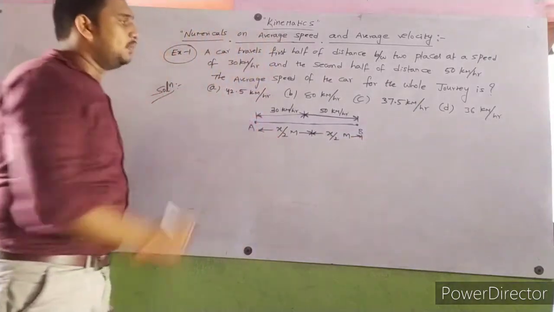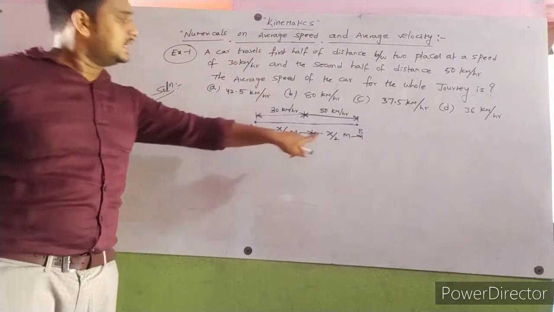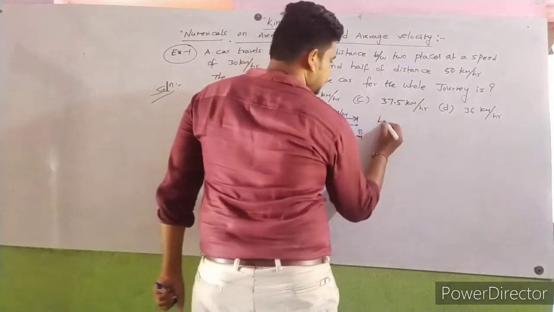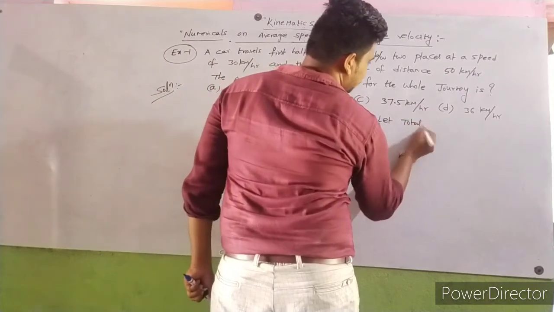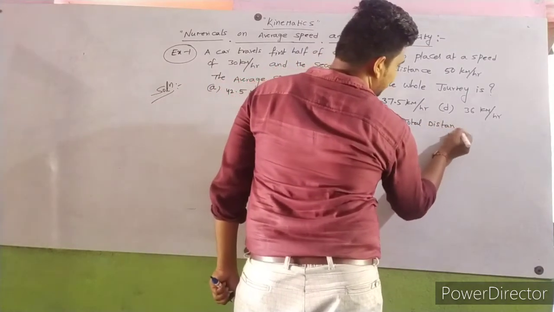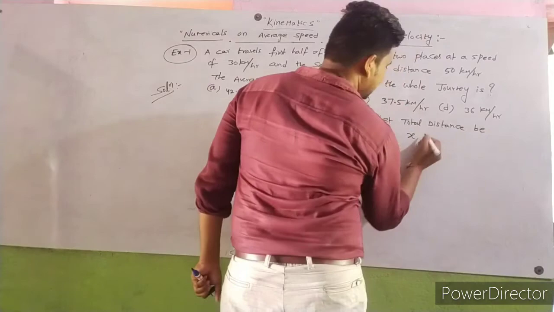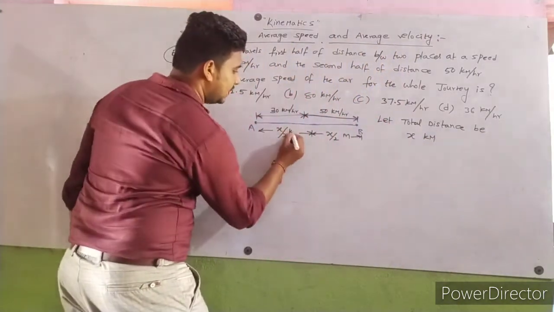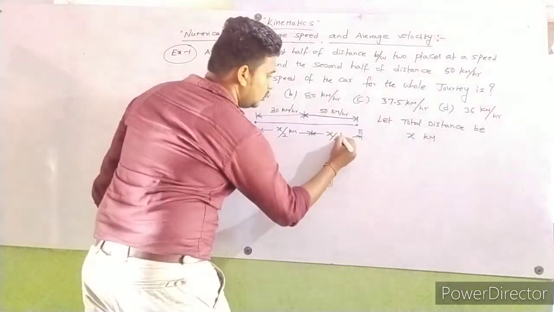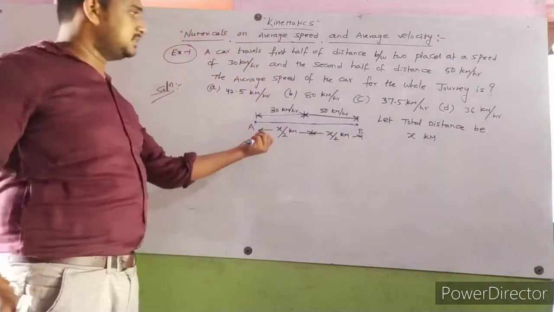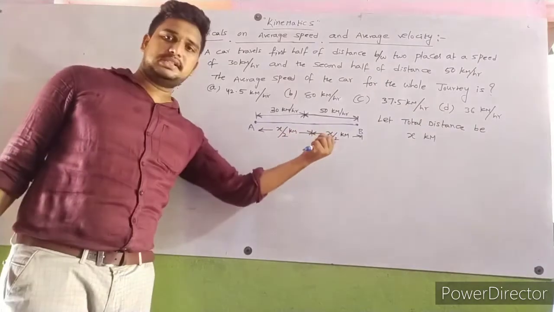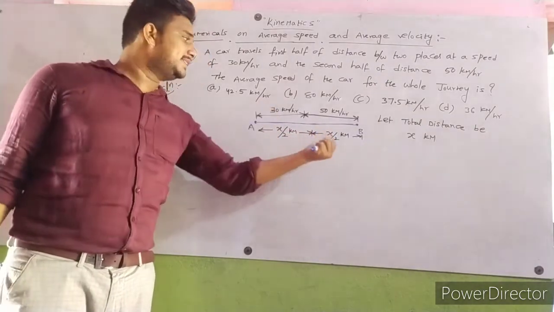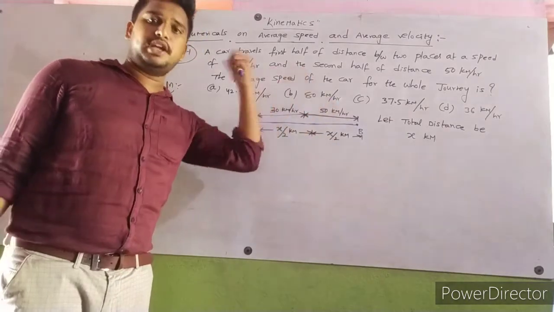So this s by 2 distance is covered at 30 kilometers per hour, and this s by 2 distance is covered at 50 kilometers per hour. Let the total distance be x kilometers. So half distance means x by 2 kilometers. This x by 2 kilometers is covered at 30 kilometers per hour, and this x by 2 kilometers is covered at 50 kilometers per hour.